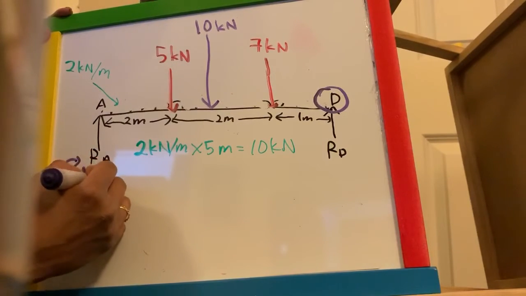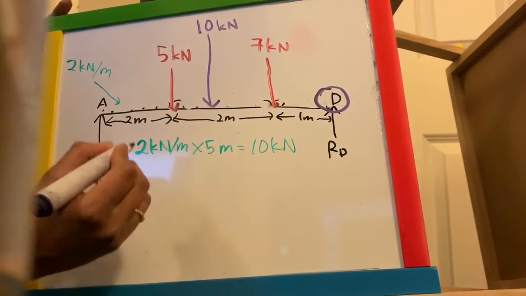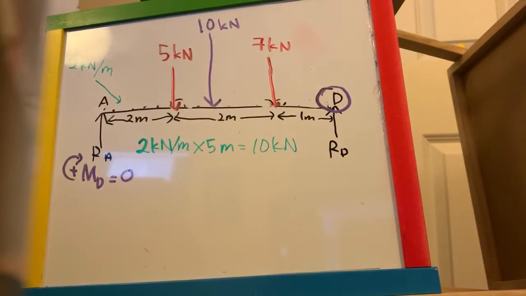So the moment about point D must be 0 because the system is in equilibrium. It's a static system. It's not moving, it's not bending, it's not having any kind of motion at all.